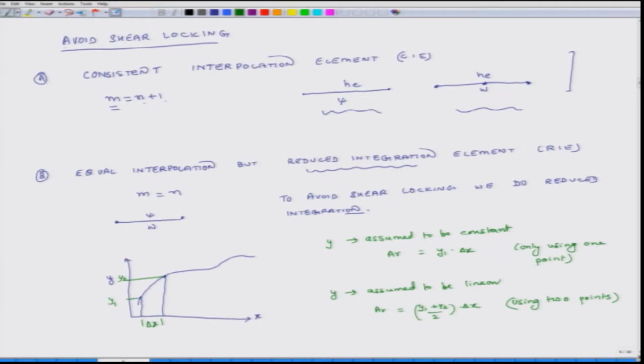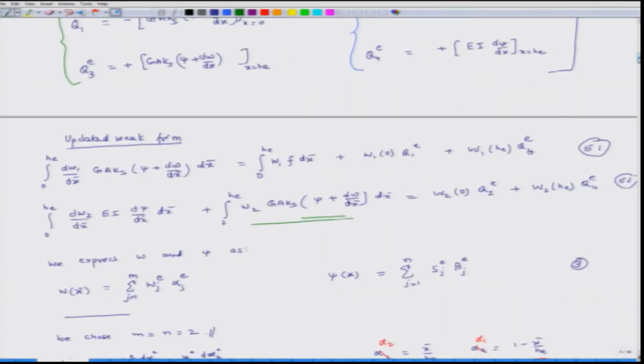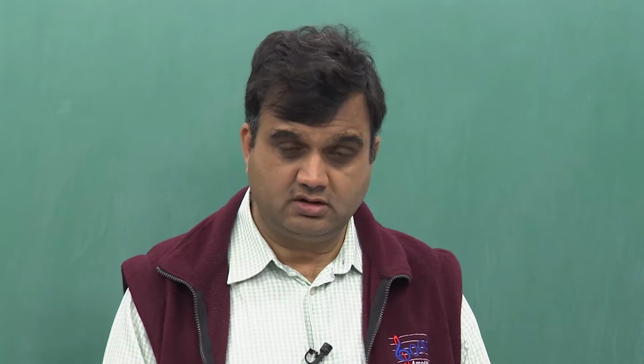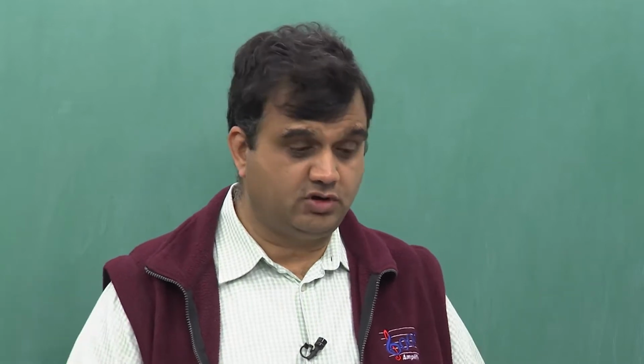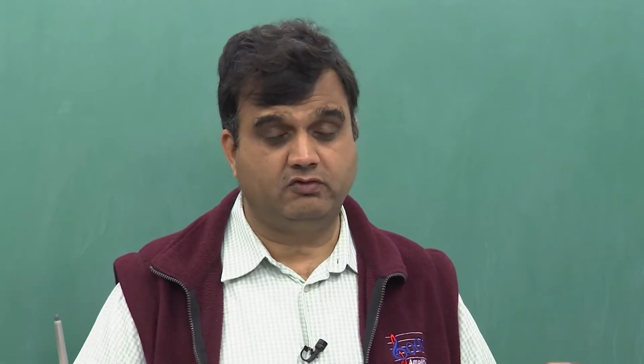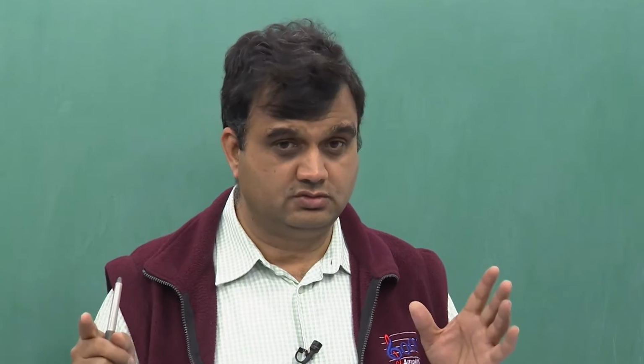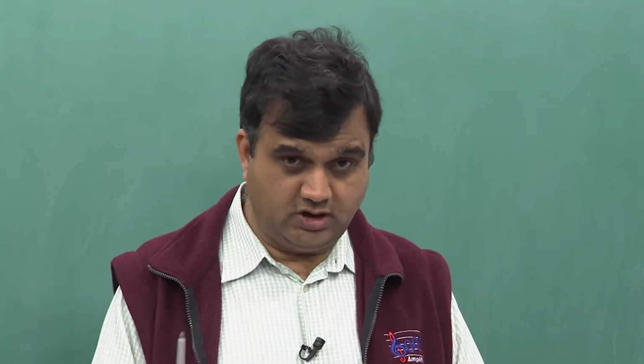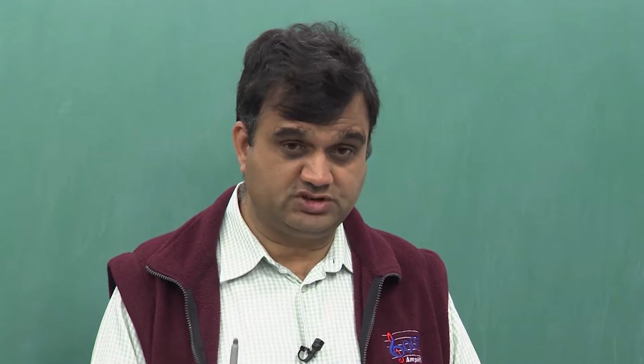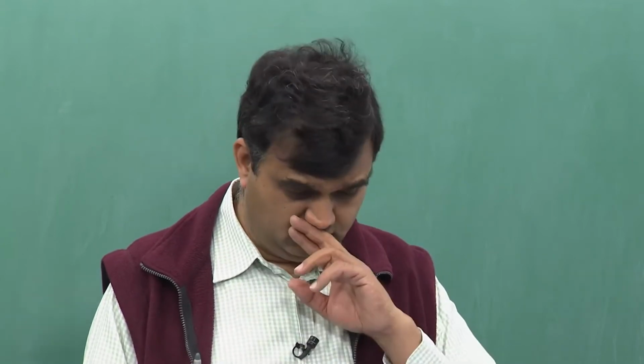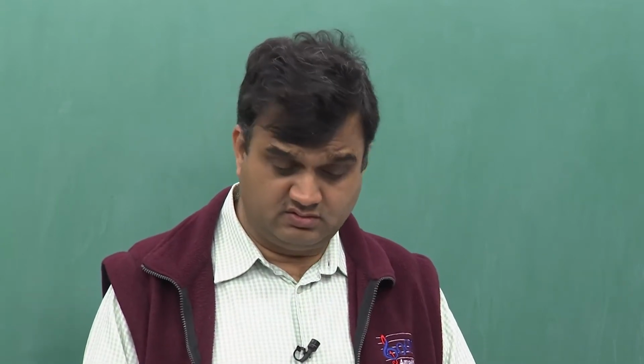In our differential equation or in the weak form, these are the two weak forms, some of these terms may be causing shear locking, and the shear locking is happening because we have assumed that m equals n equals 2. If this equality was not there, if m was more than n, we could have avoided this.